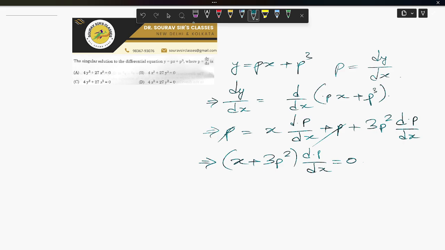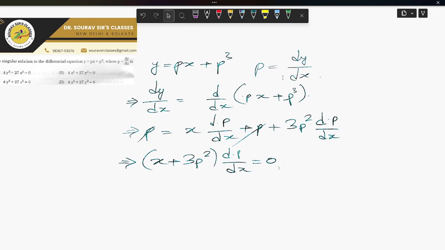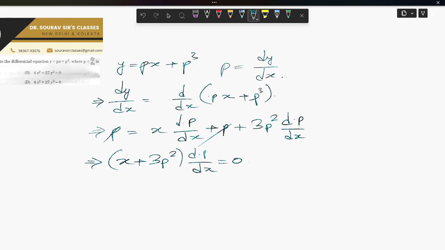So now we are going to find the singular solution. For a singular solution, we solve for the envelope condition, which comes from eliminating p using the original equation, which is y equals px plus p cube. So the envelope condition is obtained from the differentiation. We will get only this part equal to 0. So from this we will have x equals minus 3p square.